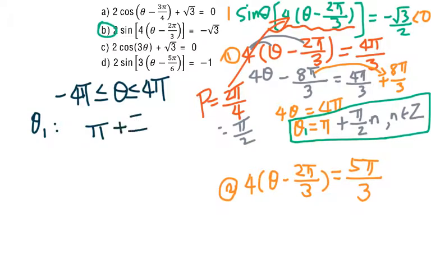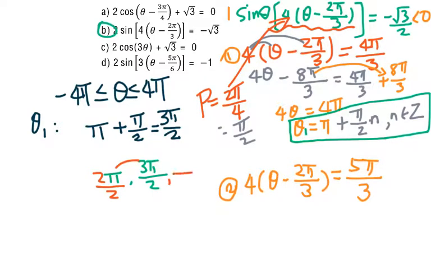I add pi over 2. You will get 3 pi over 2. So I list like this: this is the pi, here's the 3 pi over 2. I want to get the same denominator, so I want 2 pi over 2 and then 3 pi over 2. In this way, it's easy for us to count.